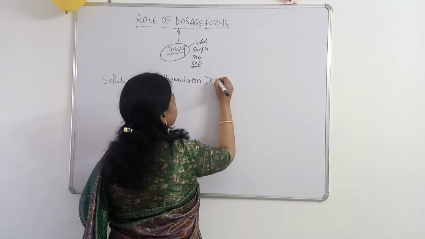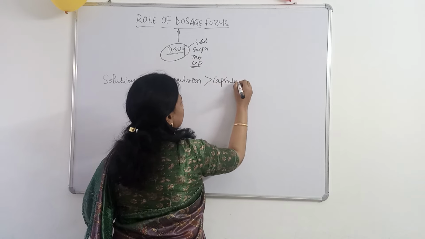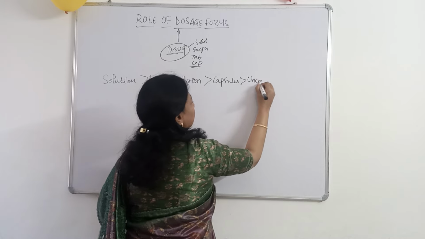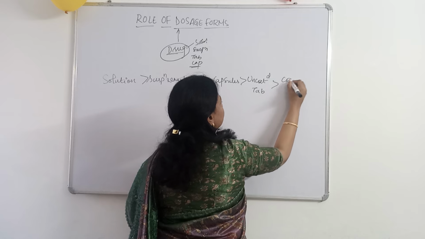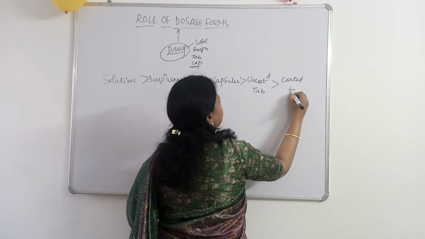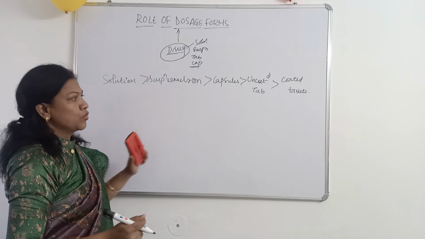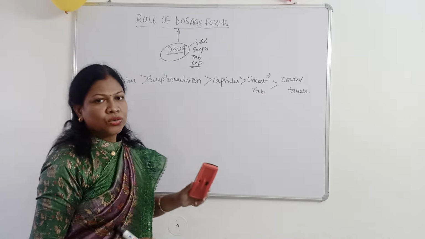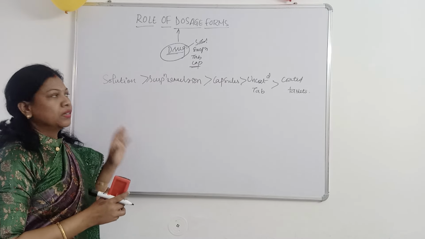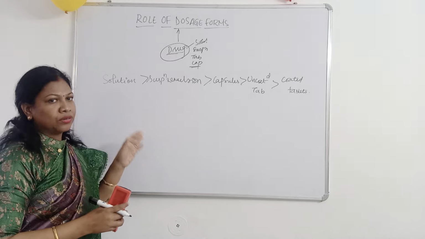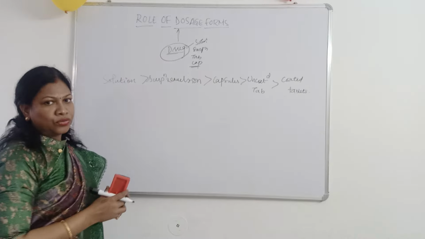Then capsules, then uncoated tablets, and last coated tablets. So the oral absorption will be more for solution and less for coated tablets. So it is the decreasing order of the drug's oral absorption according to its dosage form.